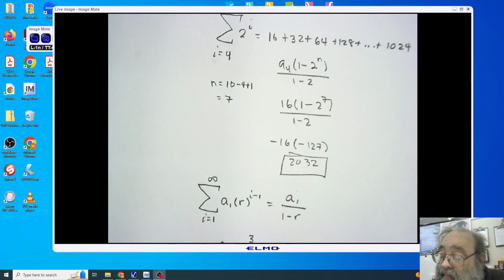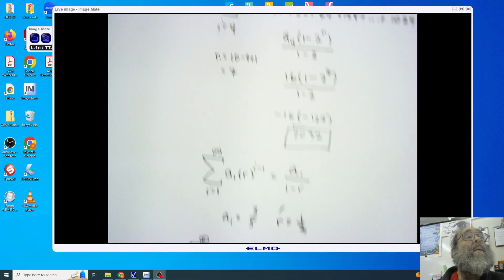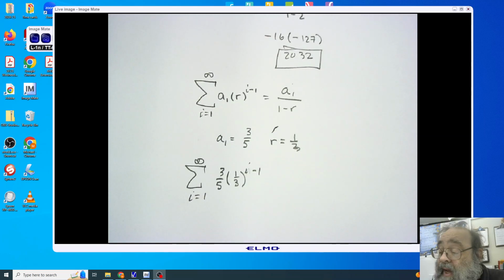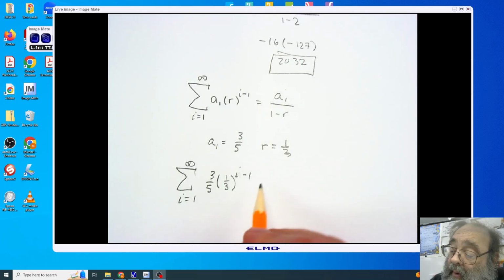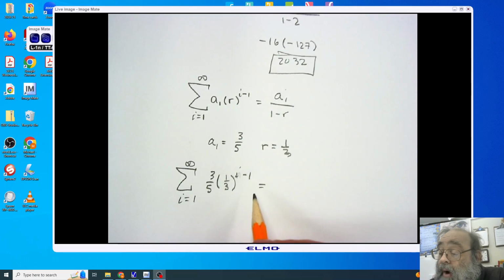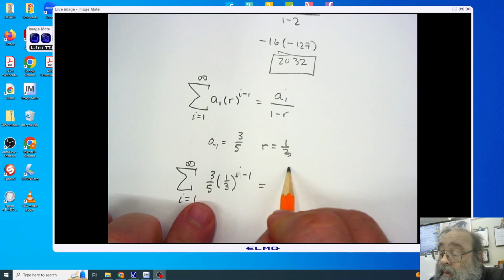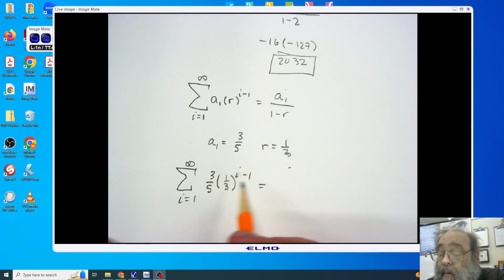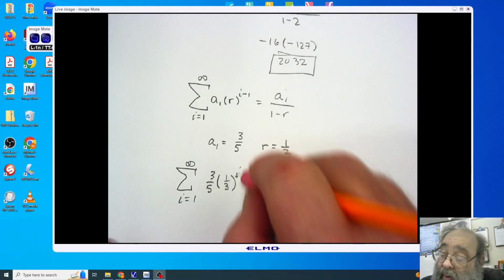3/5 times 1/3 to the i minus 1 power. We have our summation, i starting at 1 to infinity. I'm just kind of setting things up. This now has to be our first term. And now be careful. Let's make sure we have our r here.